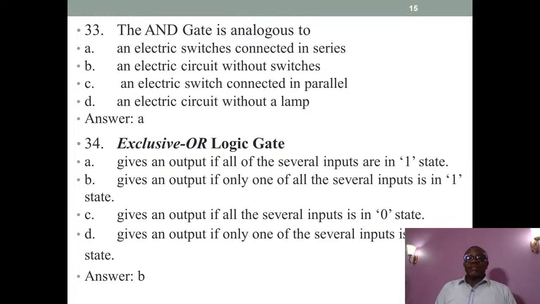If there is more than one person at the entrance, the door will refuse to open. If there is nobody, it will refuse to open. It will only open when there is only one person standing at the entrance. That is the exclusive OR logic gate.